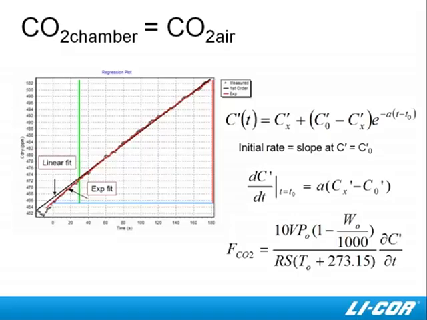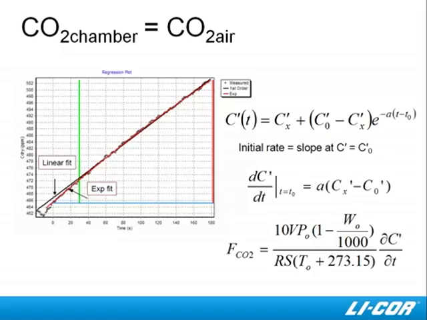The first criterion: CO2 in the chamber needs to equal CO2 in the air. What we're showing here in the figure is a plot of CO2 concentration in the chamber over time, with 2 lines fit to it. The black line shows a linear fit, and the red line shows an exponential fit to the CO2 concentration over time.